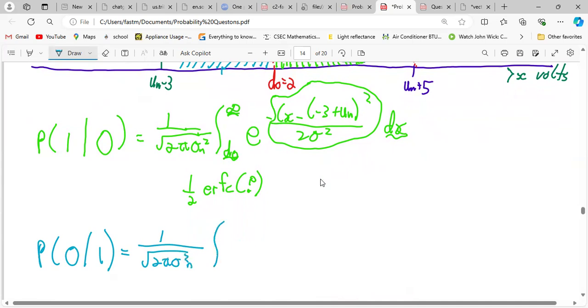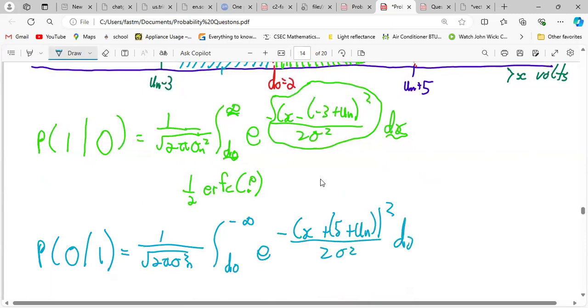So in this case, you're integrating from d0 to minus infinity, all right, of e to the minus x, and it is the 1 bit, so you had to use the mean for that, so it'll be plus 5 plus mu n squared on 2 sigma squared dx.